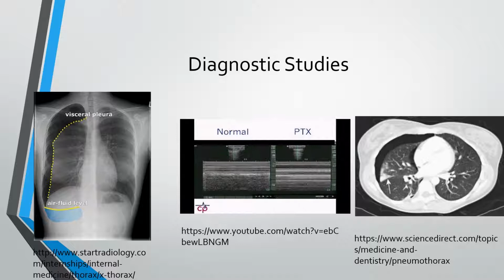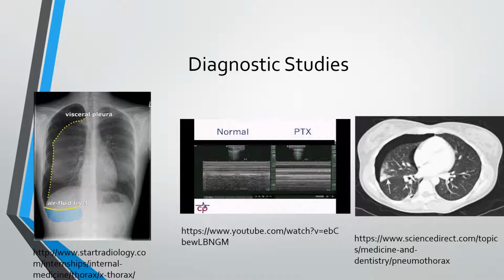Diagnosis with the ultrasound can either be secured by a barcode appearance as seen on the slide, versus a normal one that looks more like sand on the beach in M mode, or if one can see air between the parietal and visceral pleura.